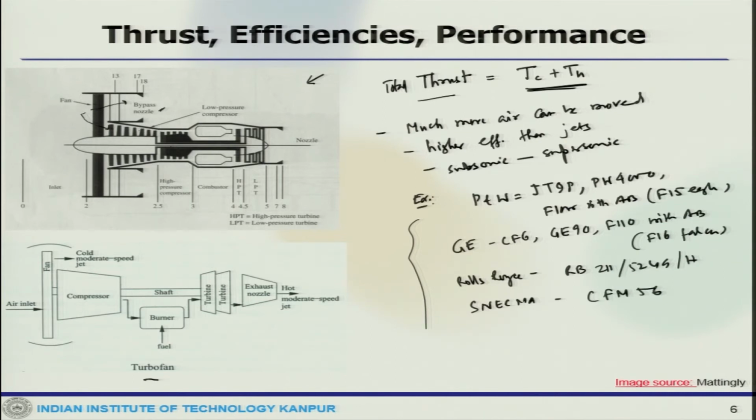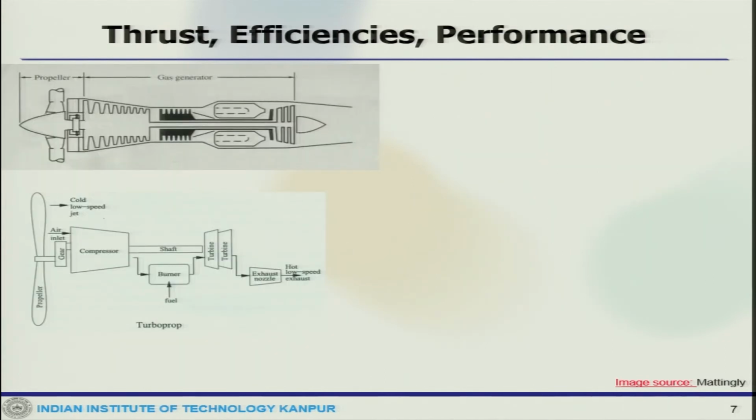Now, that is how things get more and more complicated once you add one component after another. Another is the turboprop, where we add a propeller ahead of the compressor. To run this propeller, one has to have a gearbox, which is necessary.